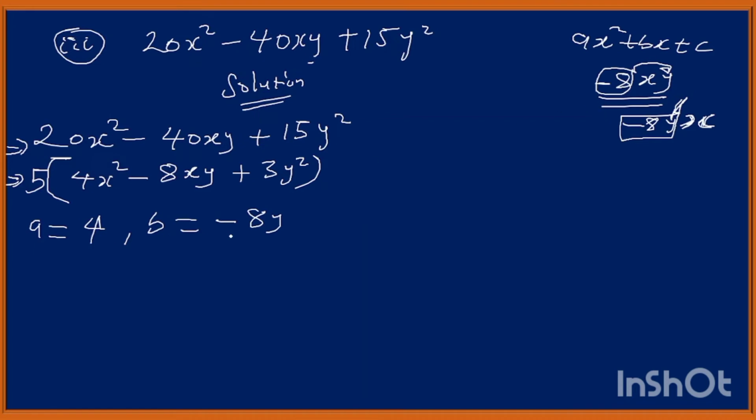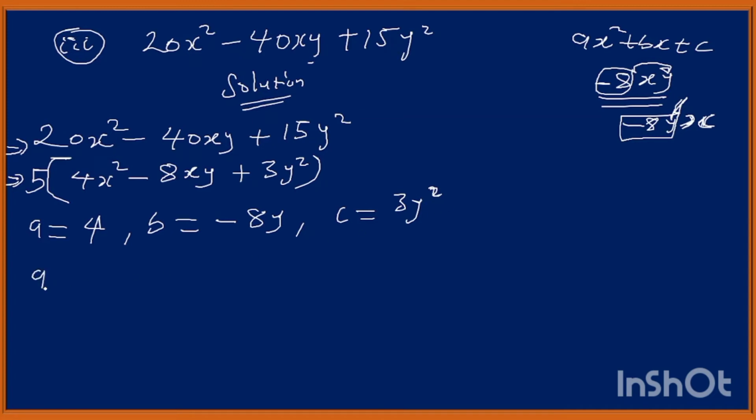We are picking y as a constant. So what is our constant term? Our constant term is 3y squared. I told you anything that is outside x is a constant in this situation. That's what we are doing.